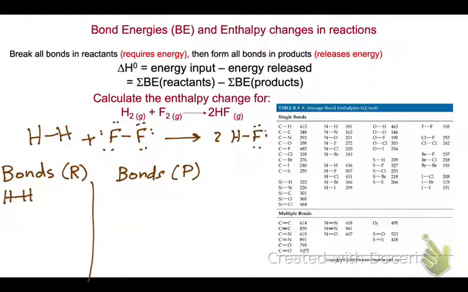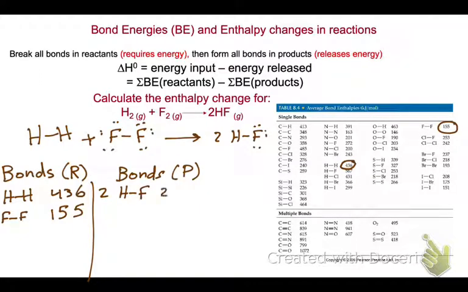I go to the table and try to find that bond, and when I find it, it is 436. I also have 1 fluorine single bond. If I go find it, it will be 155. That's it. For products, I have 2 times hydrogen fluoride.